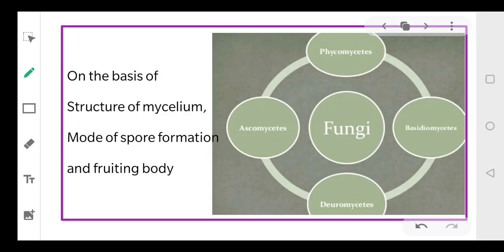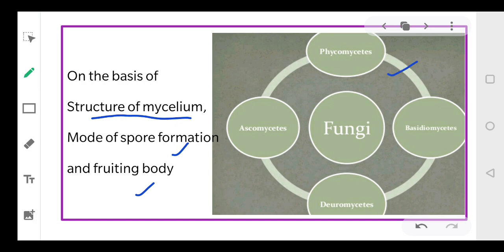Now, based on the structure of the mycelium, that is your thread-like structures, and the types of spore formation, like in case of asexual reproduction the spores formed are zoospores, while in case of sexual reproduction the spores formed are ascospores or basidiospores, and the fruiting body, based on these structures, the fungi have been classified into 4 different types.